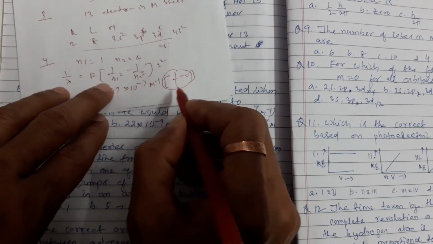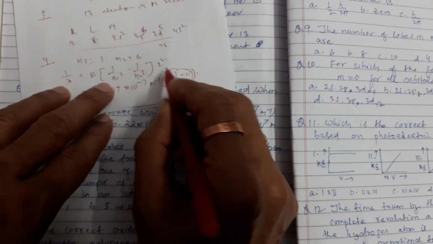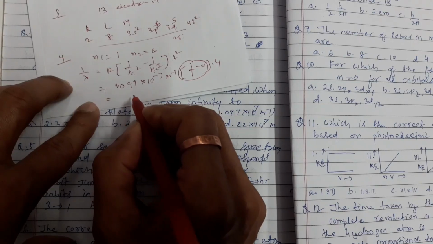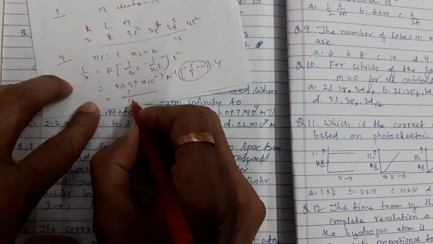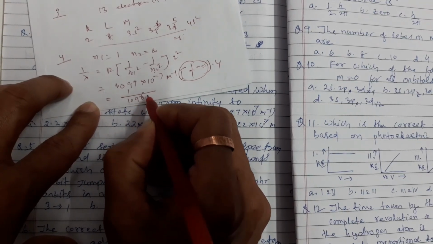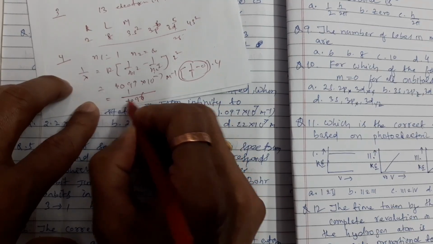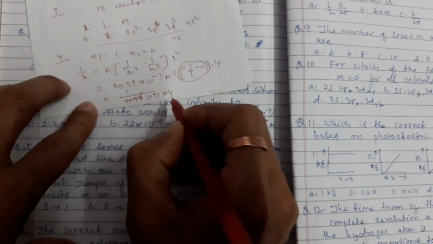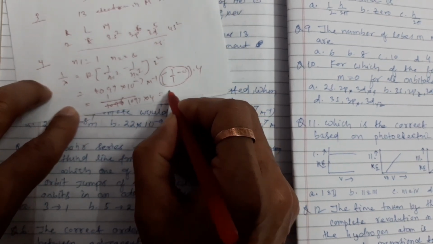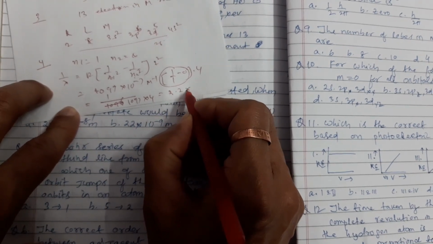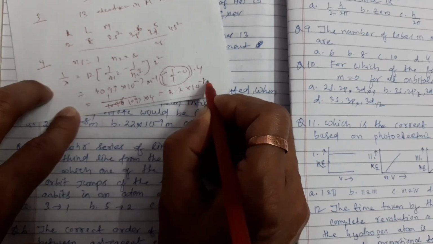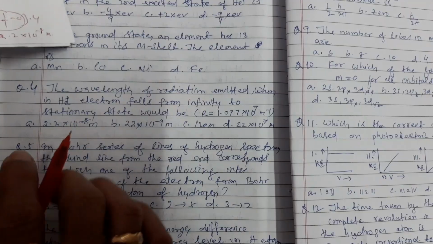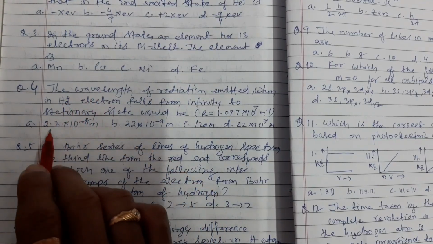So you will get 1, multiplied by 2 square, which is 4. So solving, you will get 1 by 1.097 times 10 to the power 7 multiplied by 4, which gives 2.2 multiplied by 10 to the minus 8 meter. So choice A is the correct answer.